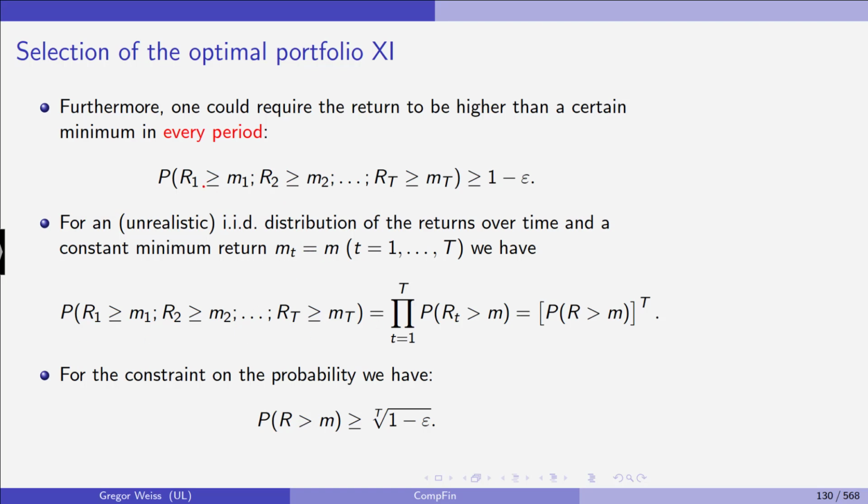If all those returns are IID, independent and identically distributed, this is stochastic independence.